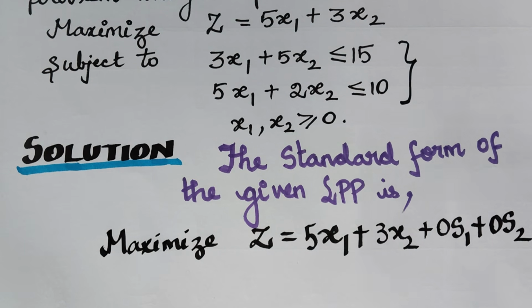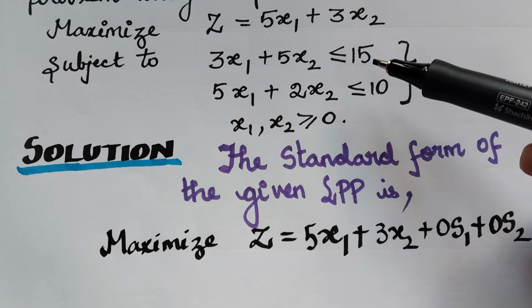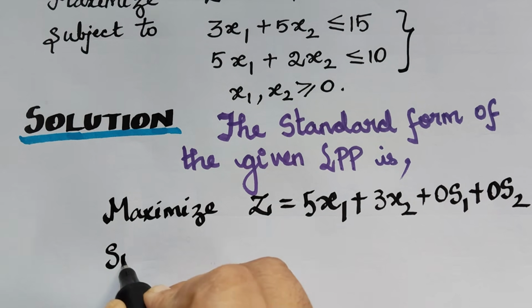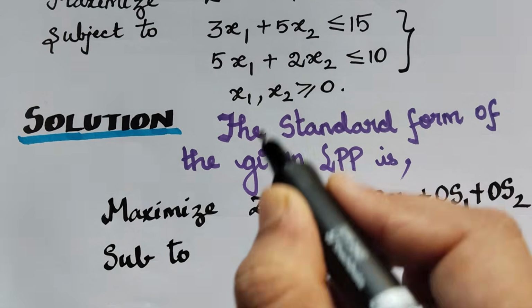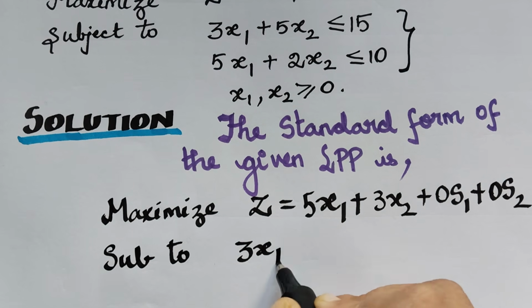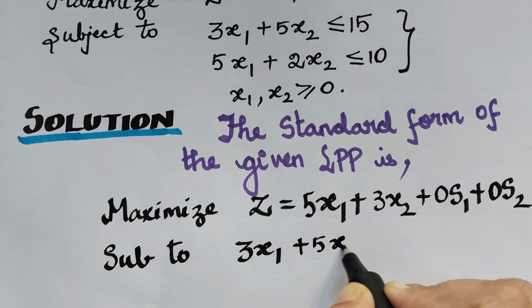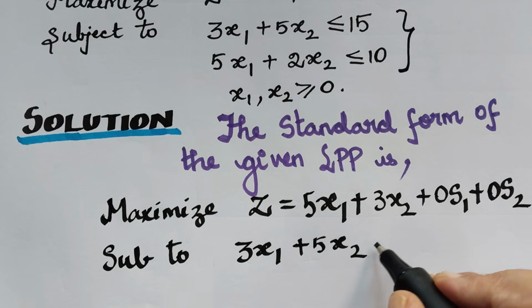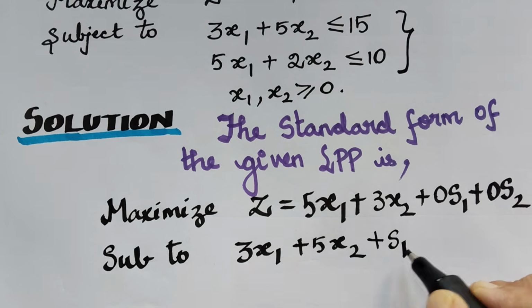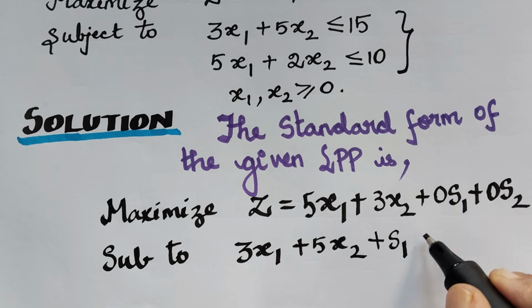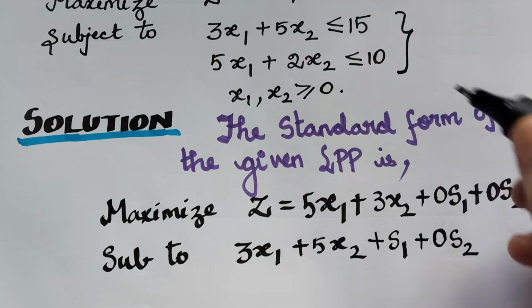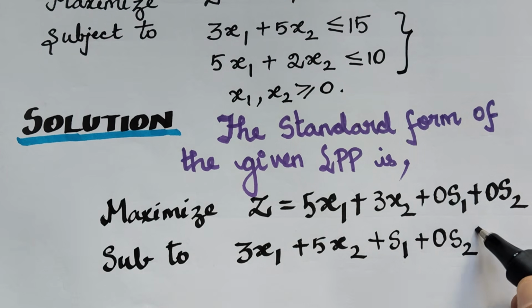Now these slack variables will also be added to the given constraints. So let us do that. Subject to the first constraint is 3x1 plus 5x2. Now we have to observe here that the slack variable s1 will be added with coefficient 1 and the slack variable s2 will be added with coefficient 0 in the first constraint. So the inequality turns out to be equality, and on the right we have 15.